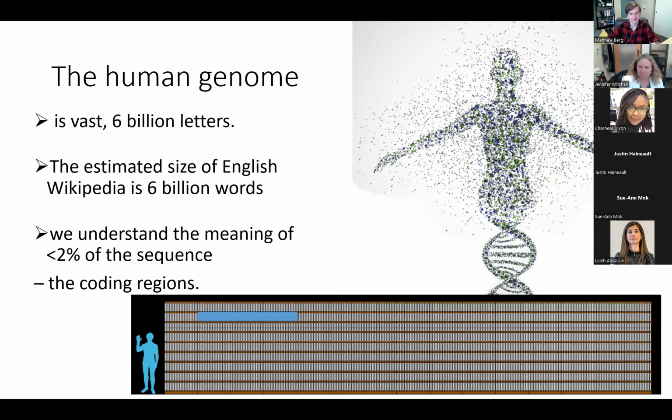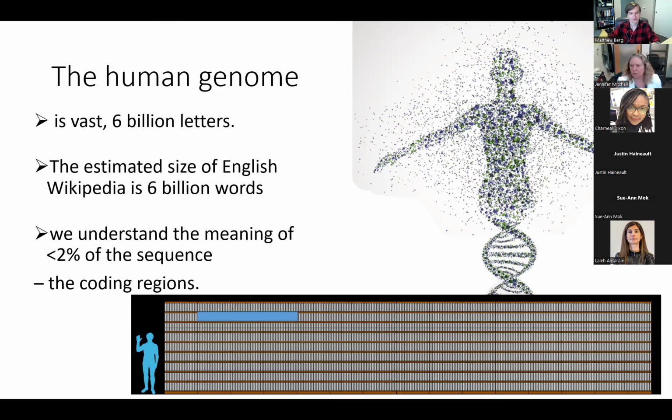And just to map that back onto our analogy for the size of the genome, that's what that looks like. And so you could say, okay, if we have a decent understanding of how to interpret sequence in the coding regions, isn't function all about the genes? And that's all we really need to know. And in fact, that's not the case.